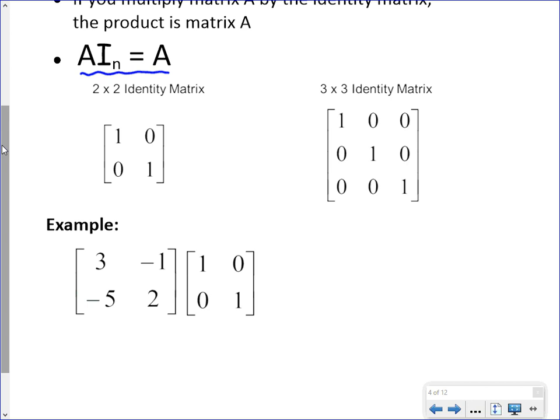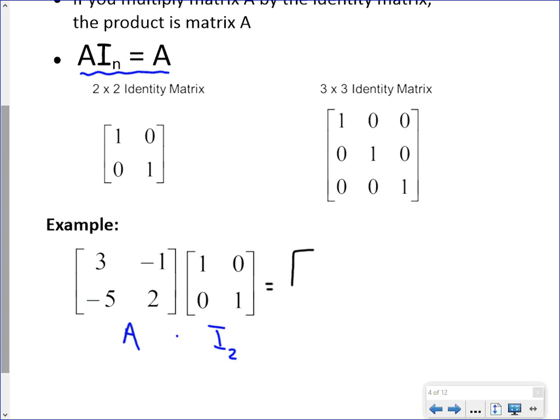Now, this is matrix A. We're multiplying it by the identity matrix that is 2 by 2. And what do we expect to get out? We expect to get matrix A.